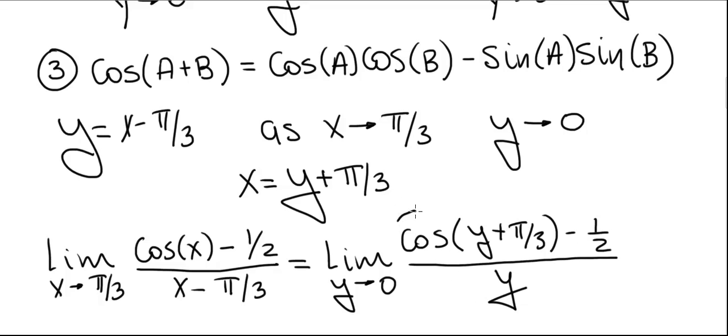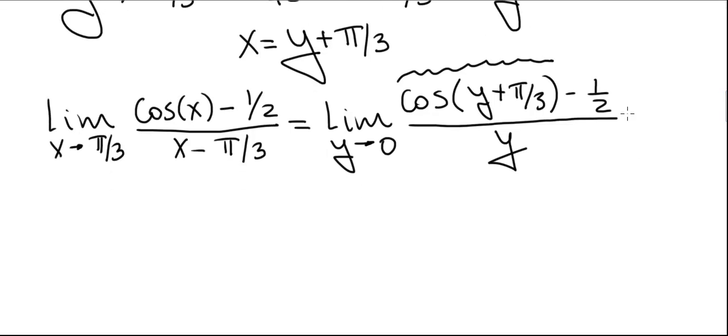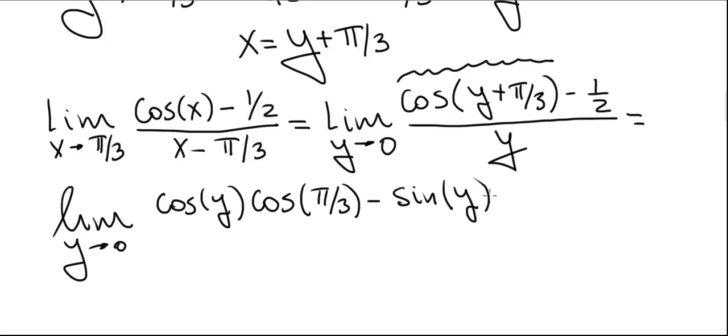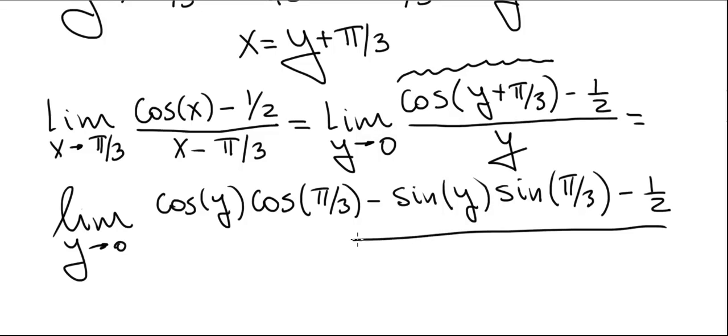Now let's use the trig identity on cosine of y plus pi over 3. So using the trigonometric identity, we get the limit as y goes to 0 of cosine of y times cosine of pi over 3 minus sine of y times sine of pi over 3 minus 1/2, and all of this is divided by y.